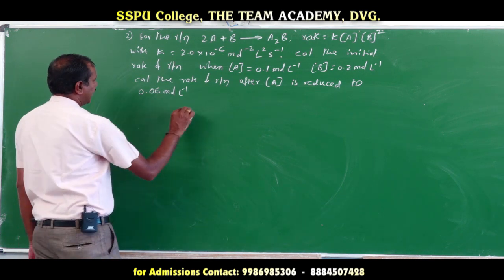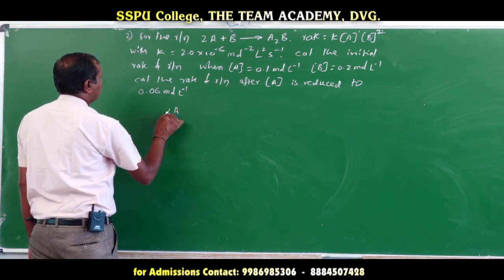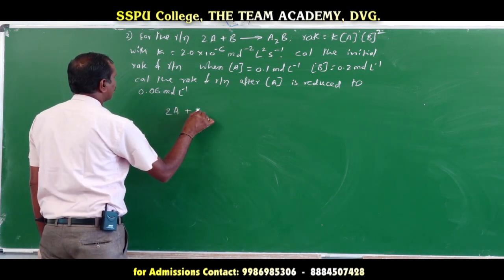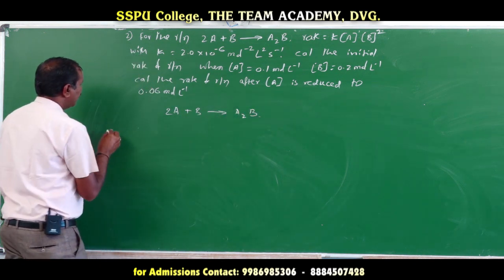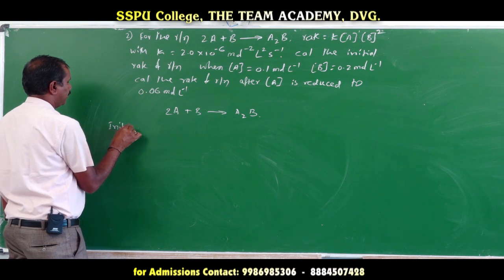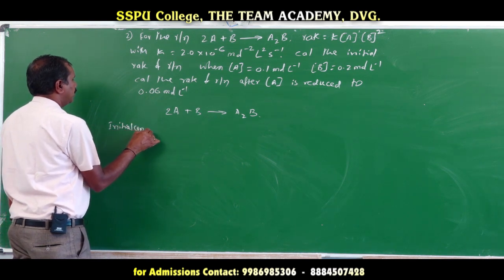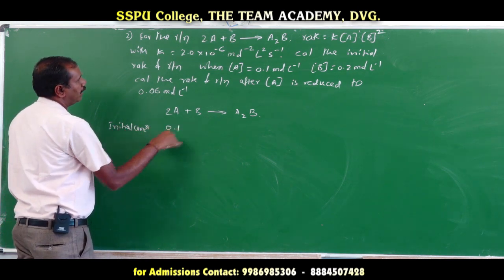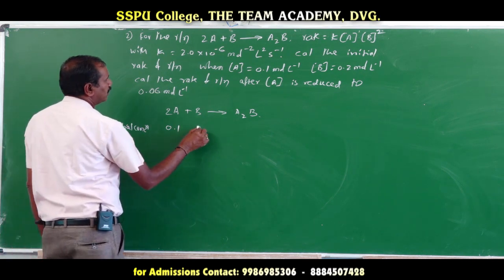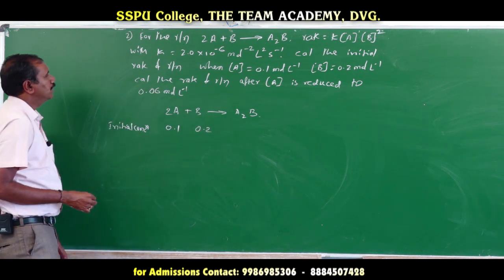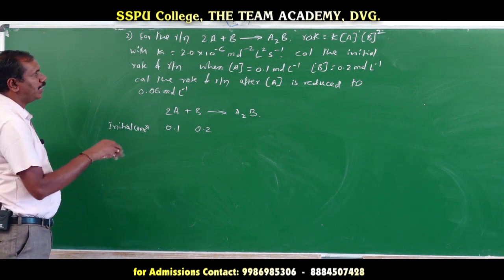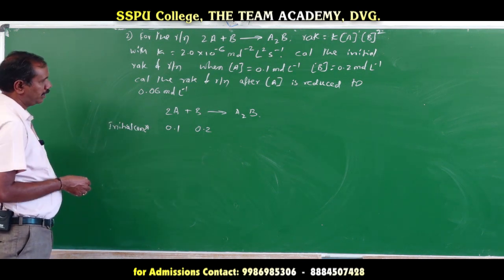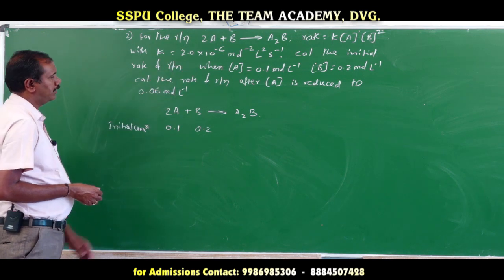So, we will write this equation 2A plus B becomes A2B. The initial concentration of A is 0.1, initial concentration of B is 0.2. Calculate the rate of reaction after A is reduced to 0.06. First, we will calculate the initial rate.